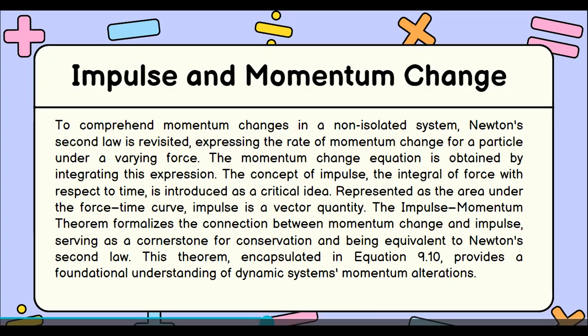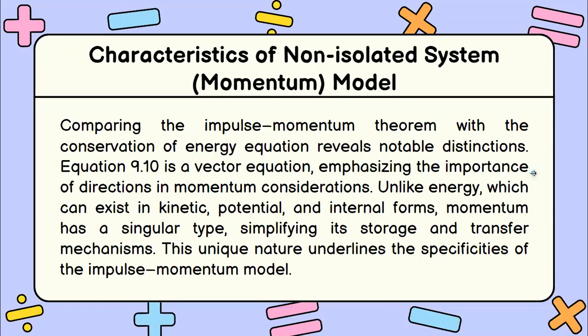So next, characteristics of the non-isolated system momentum model. Comparing the impulse-momentum theorem with the conservation of energy equation reveals notable distinctions. Equation 9.10 is a vector equation, emphasizing the importance of directions in momentum considerations.